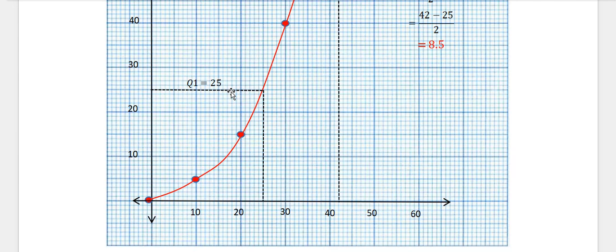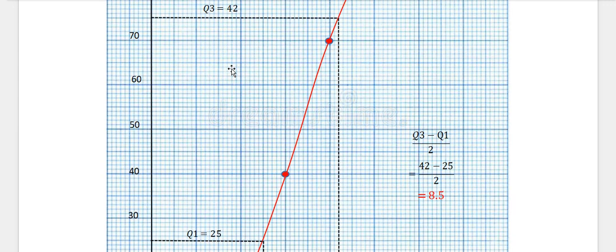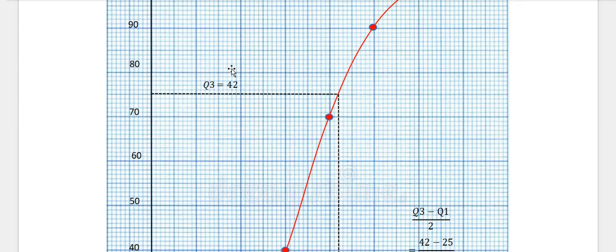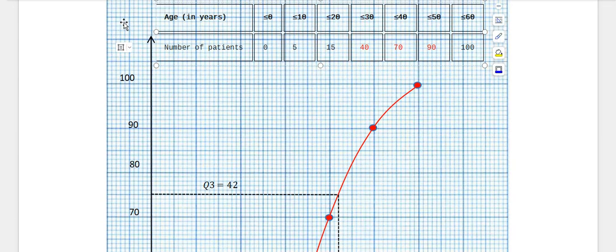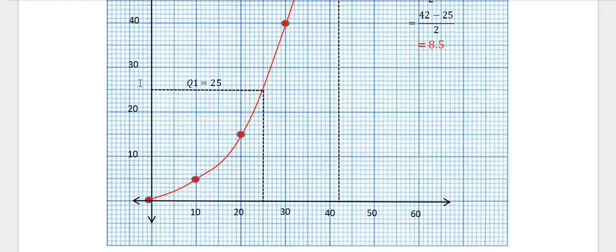Sorry, I did not do much show and tell, but this is how you do it. First of all, you need to multiply 1/4 by the total number of patients here. The total number of patients, that is how you find the first quartile.